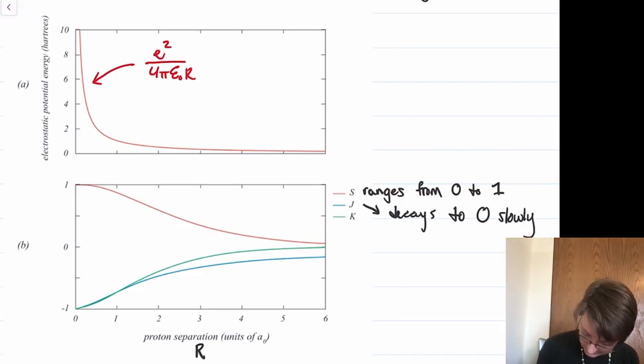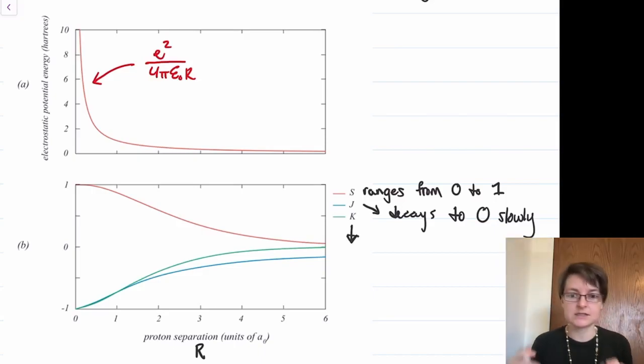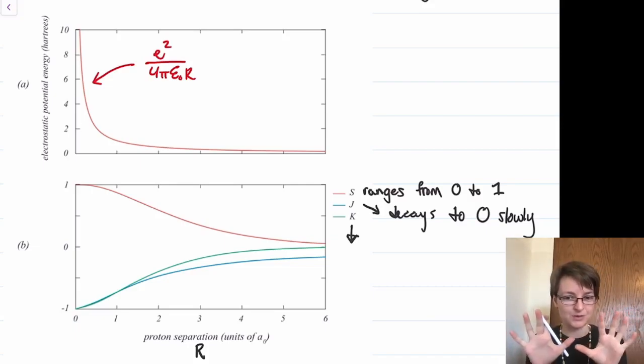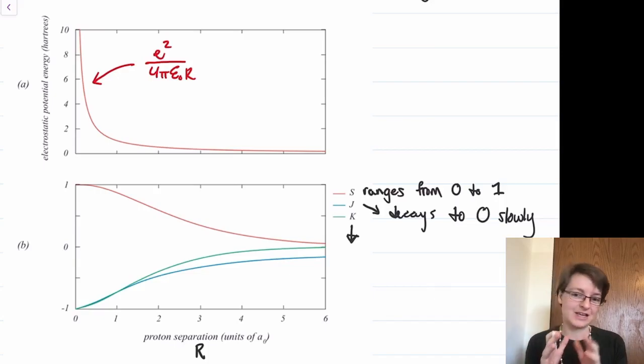And then last but not least, my K integral also decays to 0 pretty rapidly, because unless these atoms are pretty close together, there's not going to be a whole lot of overlap, and therefore not a lot of potential electron density buildup in the internuclear region.